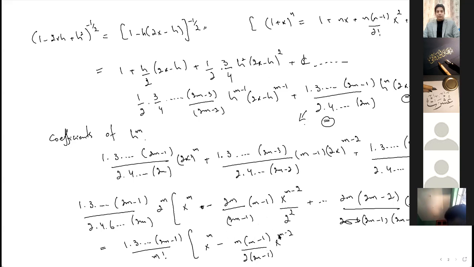So I will write this x raised power m minus 2, plus the other term will now be m into m minus 1 into m minus 2 into m minus 3 divided by 2 4, then 2m minus 1 and 2m minus 3, okay, and also x raised power m minus 4, plus similarly I will have the other terms.